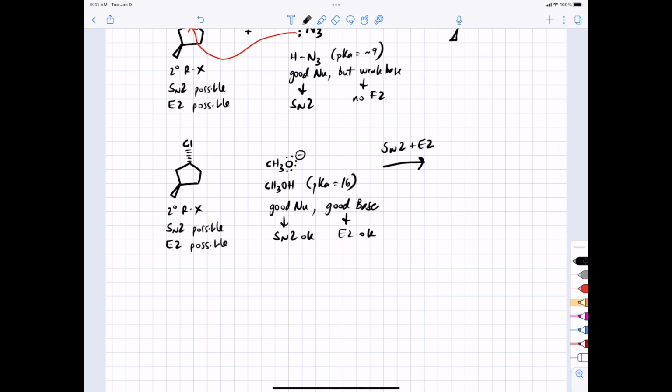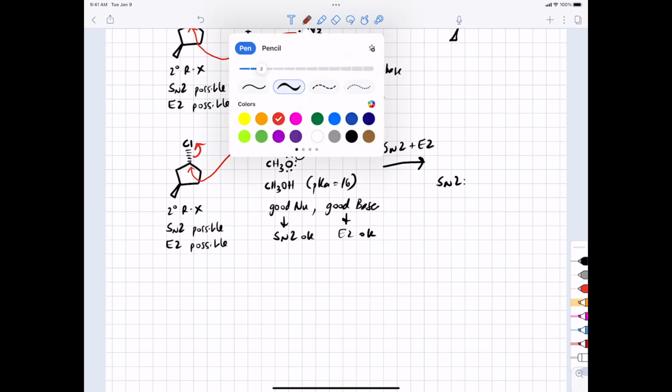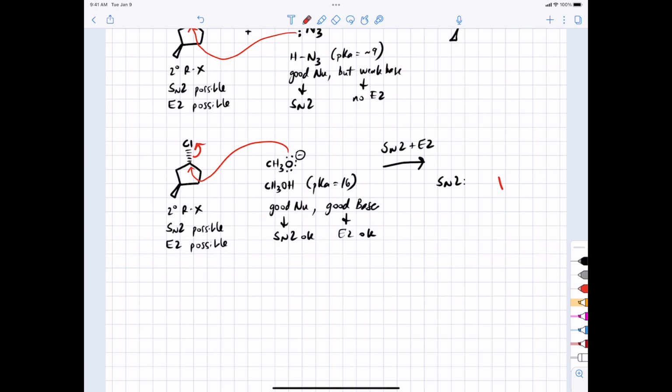To show the SN2 product, again, we're going to do backside attack of the nucleophile on the alpha carbon in a similar way as we did above. To indicate that we know that this reaction is an SN2 reaction, we must show inversion of stereochemical configuration.